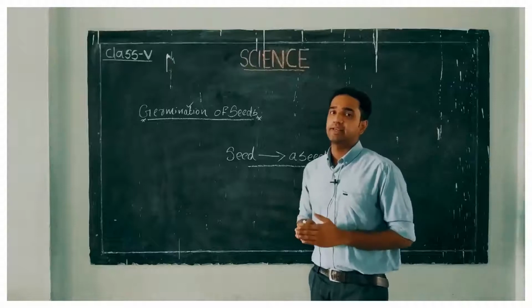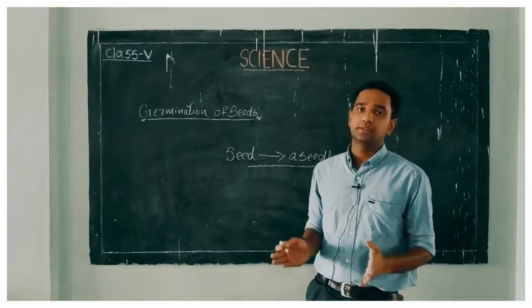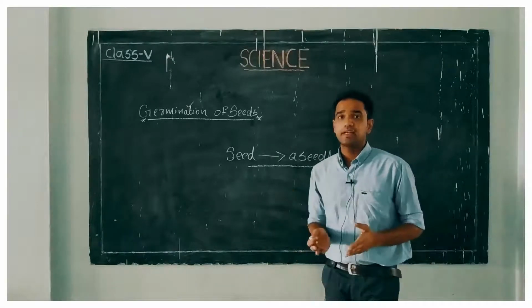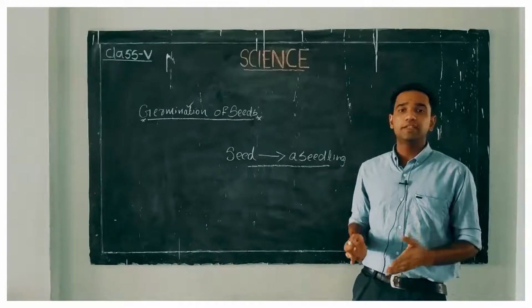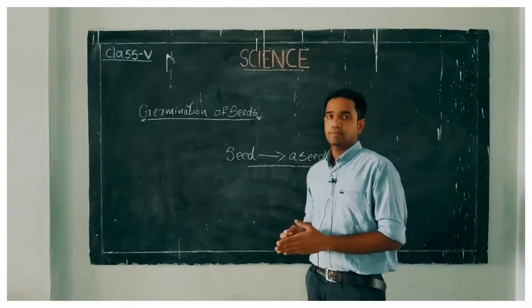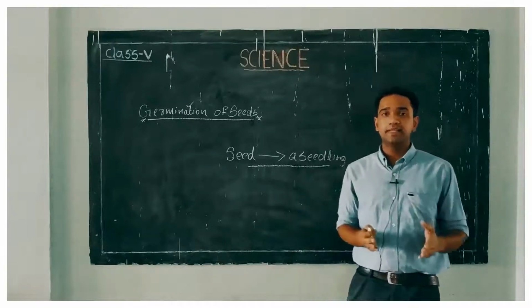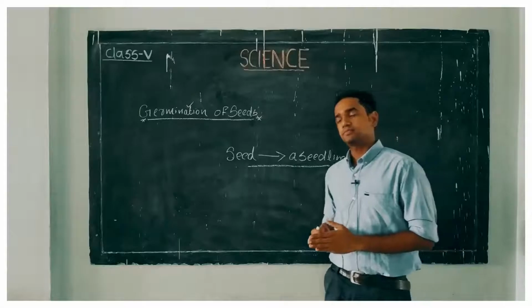Clear? And the last one is sunlight or warmth. Sunlight is also an essential component for germination of seeds. It makes the seeds active throughout.